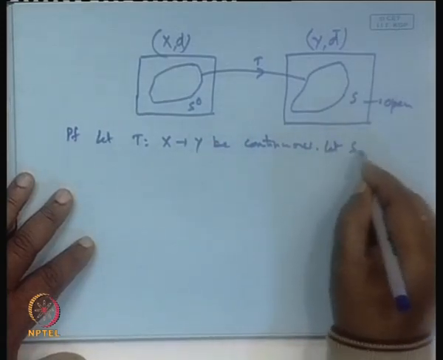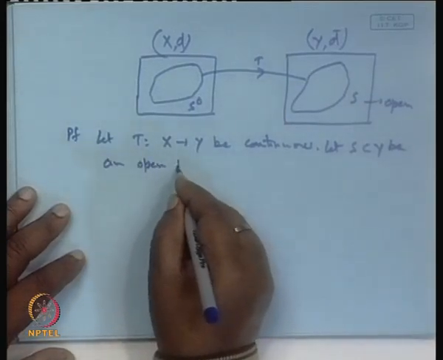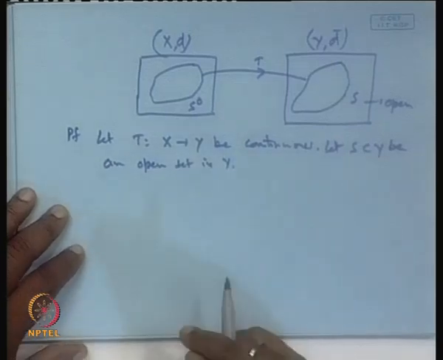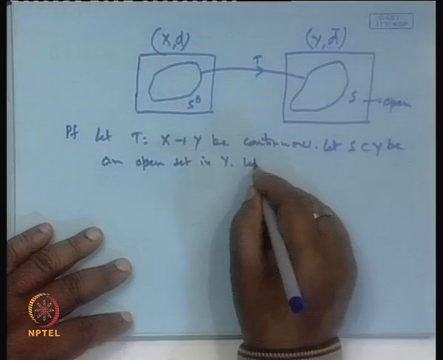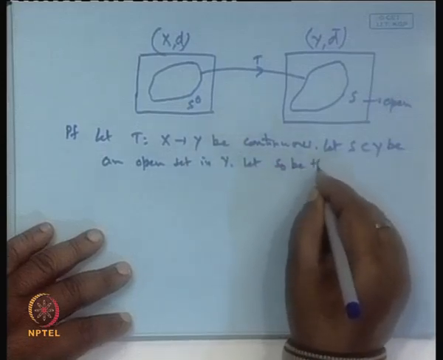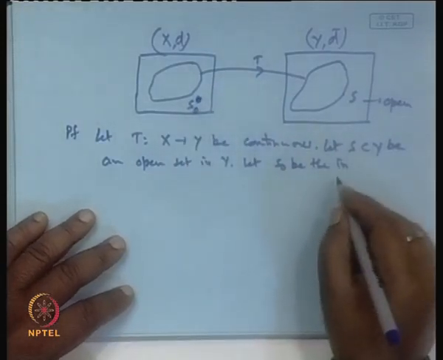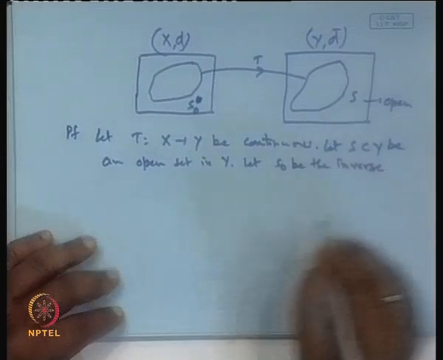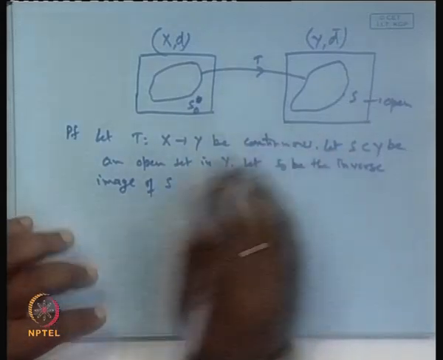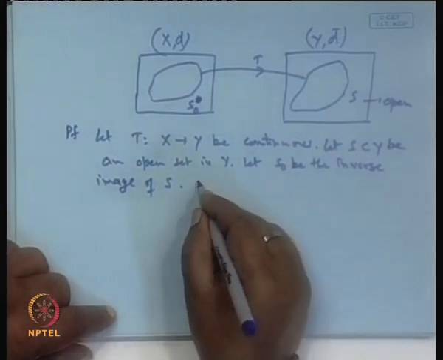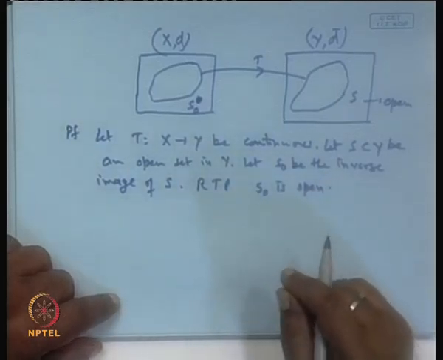So, let us take S, which is a subset of Y, be an open set in Y. Let S naught be the inverse image of S under T. We want to show S naught is an open set in X.